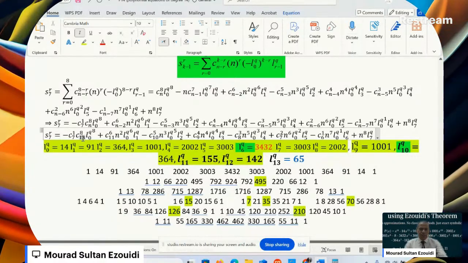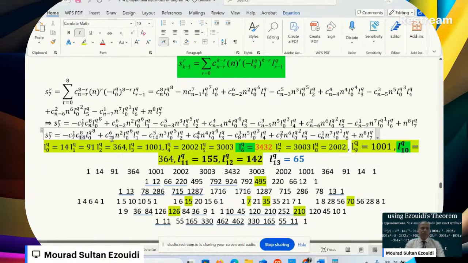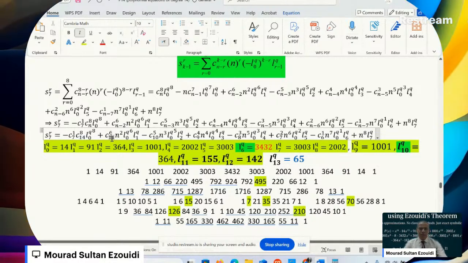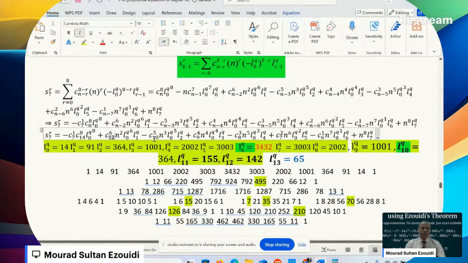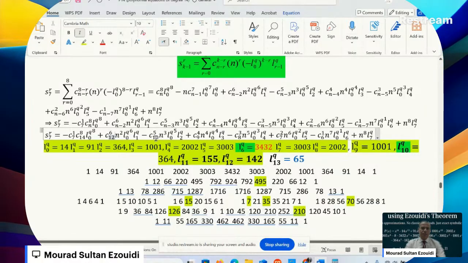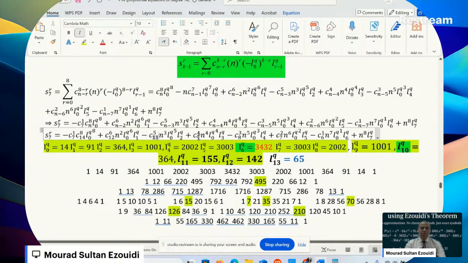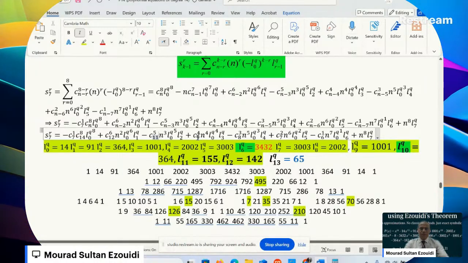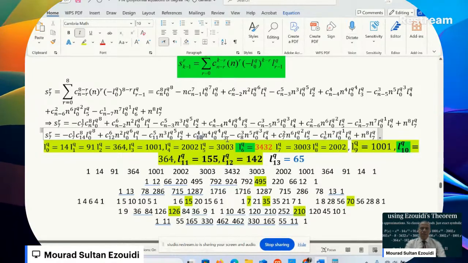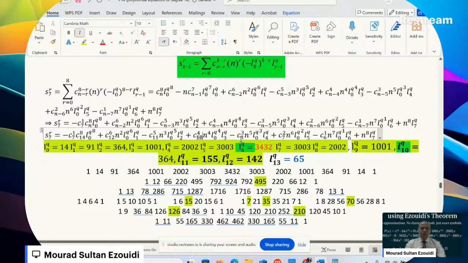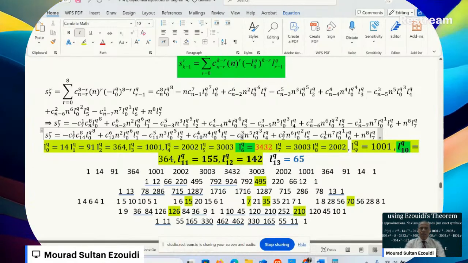Now we continue to find S7. I will change this one, it is 14. This is 12. This is 11. Now this is 10. Then reduce it, extended to 9.